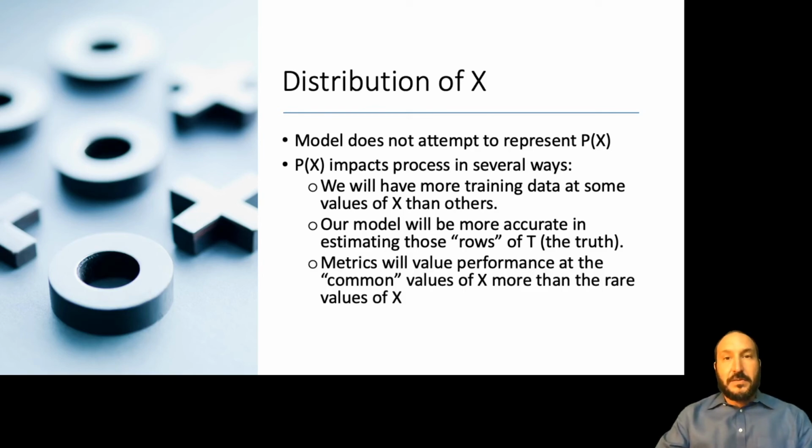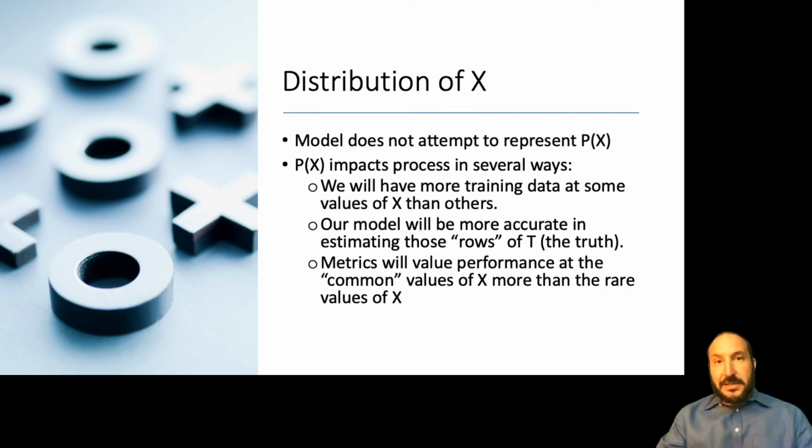Furthermore, the metrics that are typically used to evaluate performance, both to fit the model and also to evaluate how well we think the model is doing, are going to value predictions at the more common values more than at the rare values. In future lectures, we're going to go into evaluation of models, and we'll be able to dig into the math and see how and why this happens.